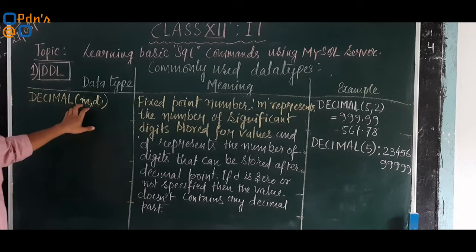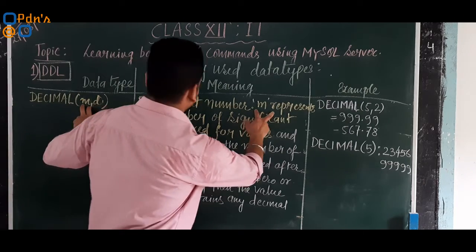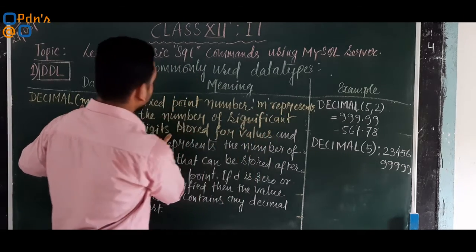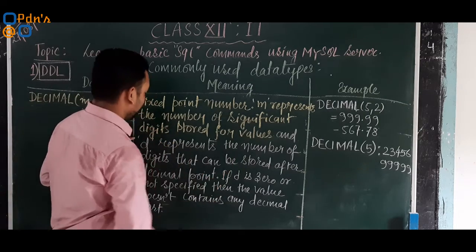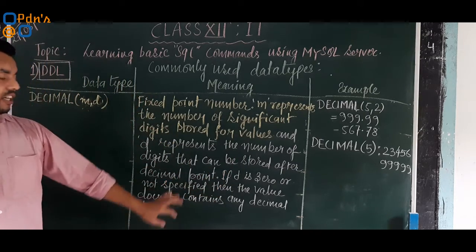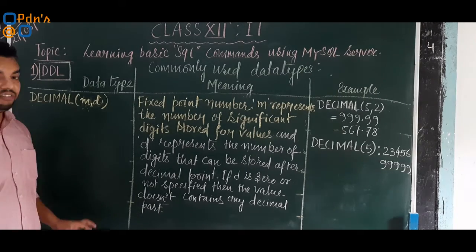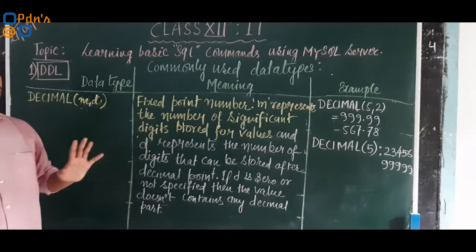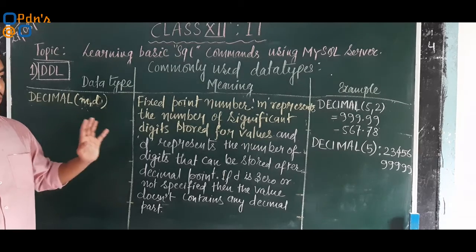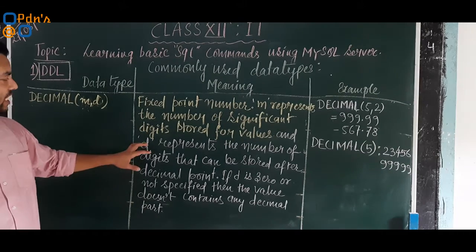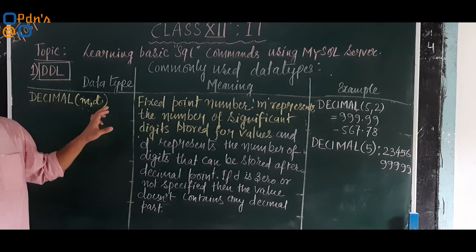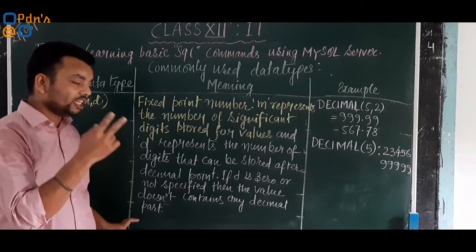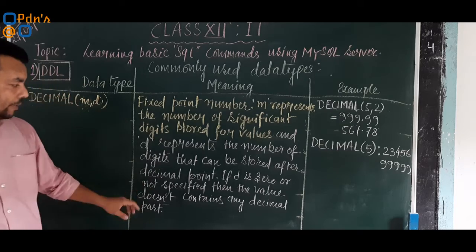Then M denotes the number of significant digits which that particular number contains, and D represents the number of digits that can be stored after the decimal point. Means suppose we have a floating point number containing 2 or 3 digits after the decimal point. In such a situation, D will simply represent the number of decimal places up to which we need to insert that particular value. Okay.